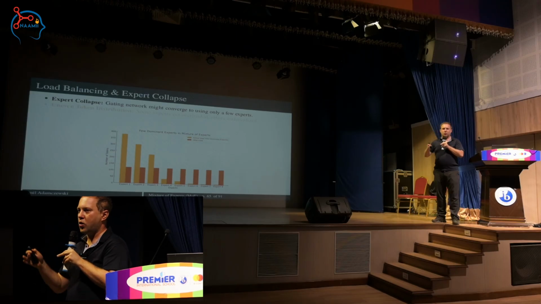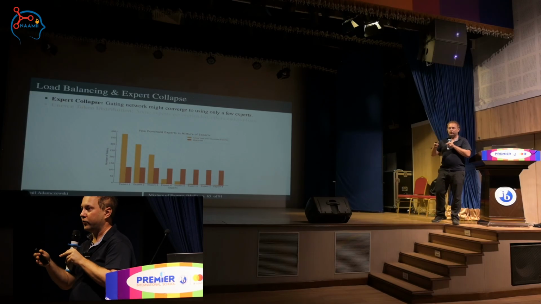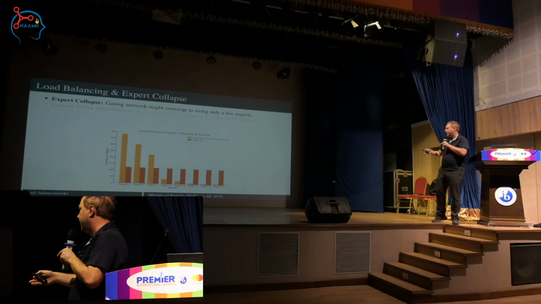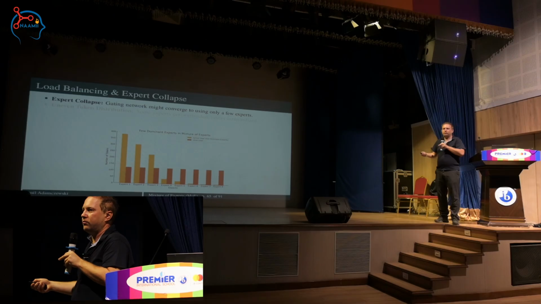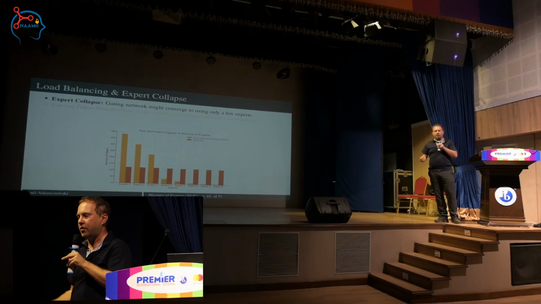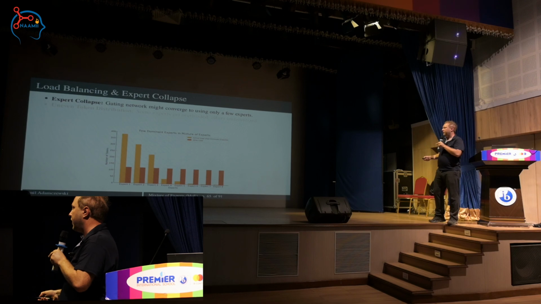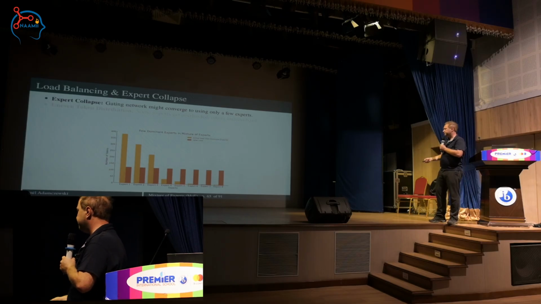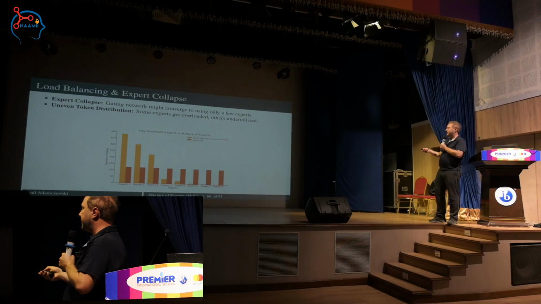So no matter what input we feed into the model, the router will tell us that we should go to expert 1, 2, or 3, but we actually have 8 experts. So we're not utilizing the whole power of the architecture. We will have to take care of it, and how do we do it? We will have this uneven token distribution, but ideally we would like to have it the way we have the red bars, not the yellow bars.